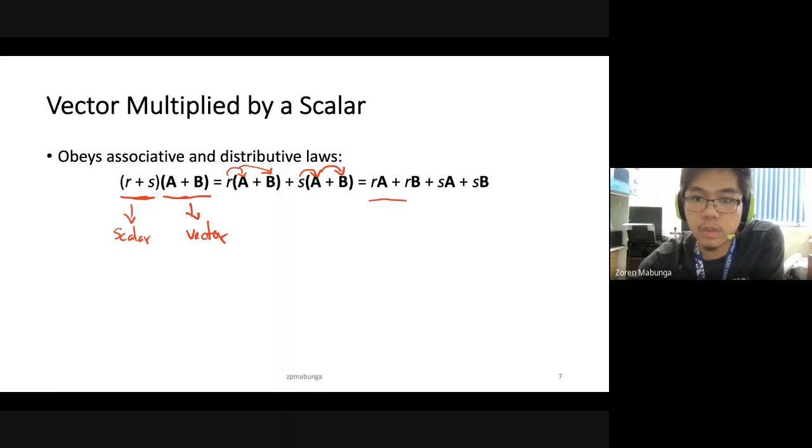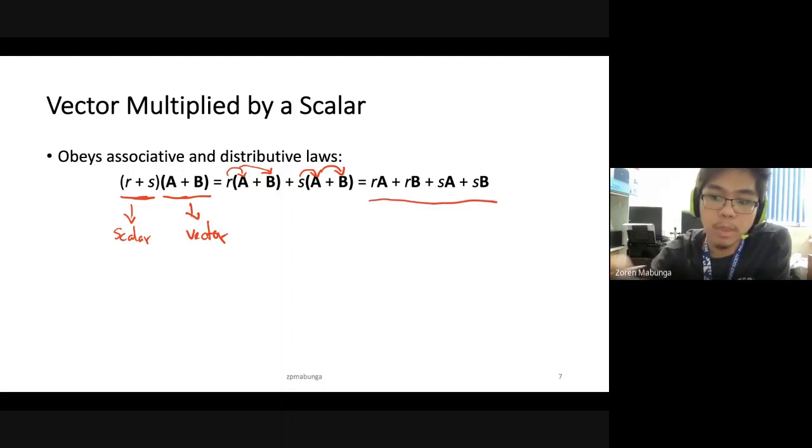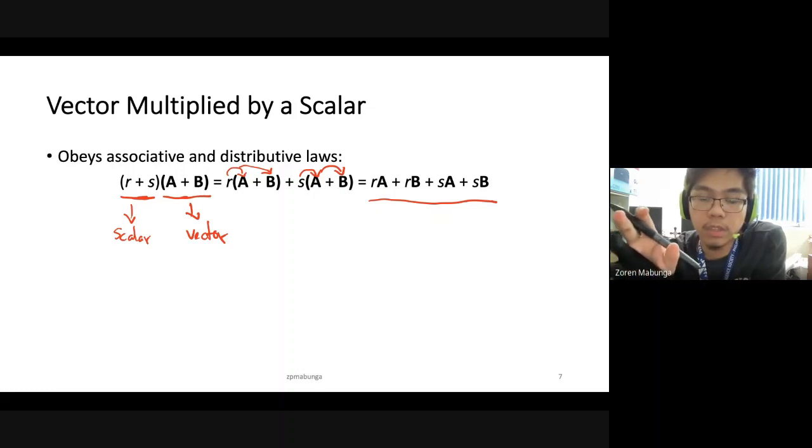So the final answer will be this one. Remember, that is not the process for multiplication of vector to vector. We will discuss how to do vector to vector later.